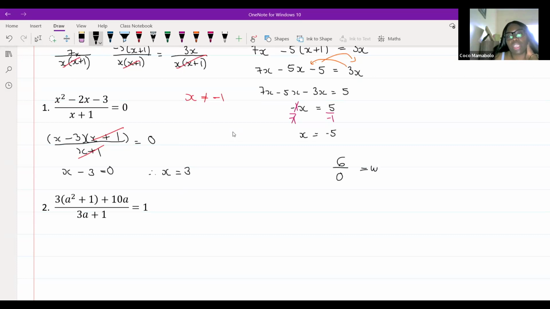It'll be undefined. So we know that the denominator cannot equal 0. So if I then put this as 6 over x, what can x not equal? X cannot be equal to what?